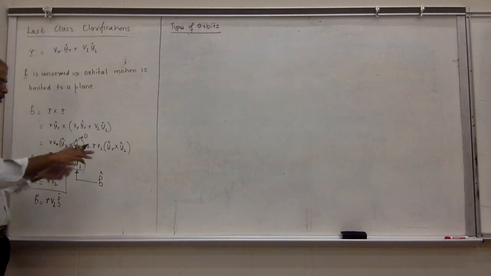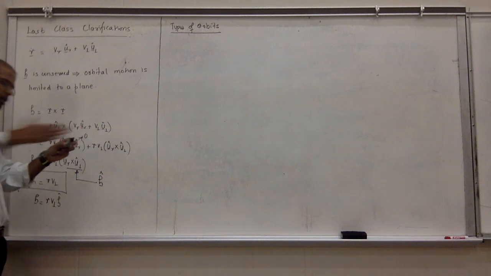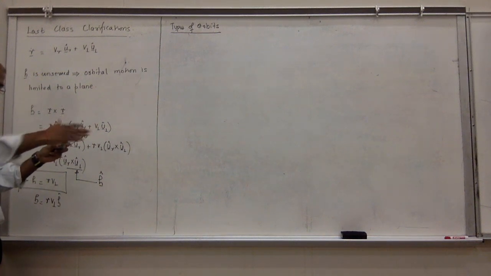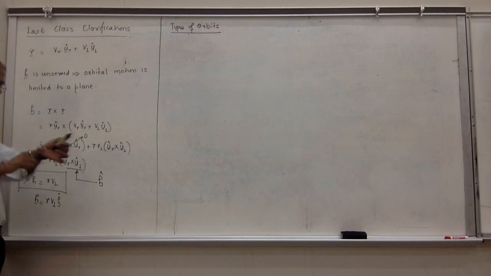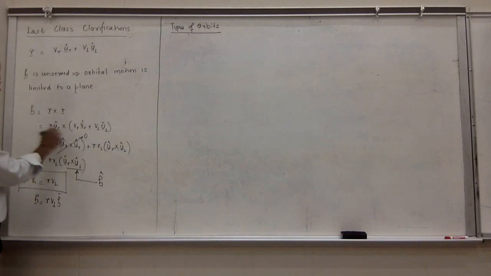This is perpendicular, so this is R, and whatever force you apply with this is going to cause angular momentum. If you apply force like this, nothing is going to happen. No moment is going to happen. So that is the reason this is zero. Okay, thank you.